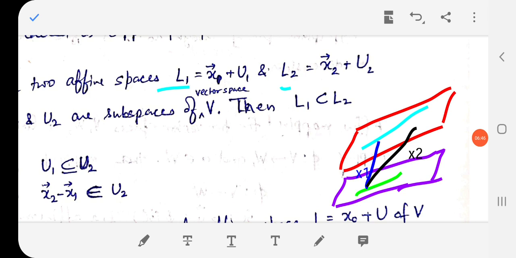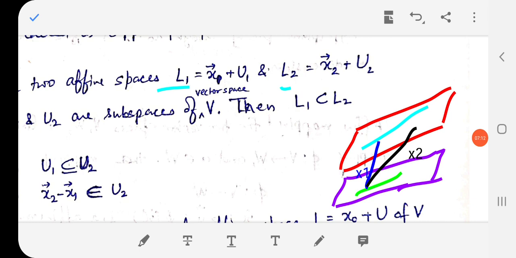Now, if L1 is a subset of L2, then definitely any vector in the cyan color and any vector in the red color are both in the red surface.